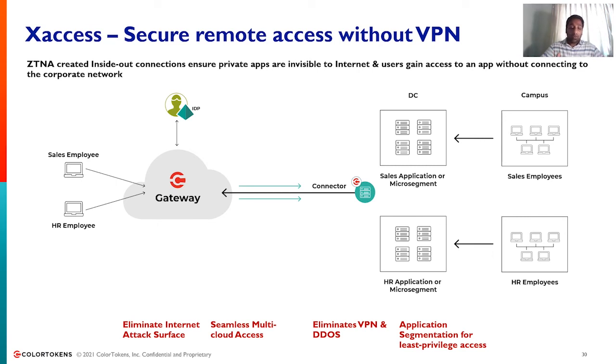So it will also eliminate the internet attack surface. Seamless multi-cloud access will also be provided through the X-Access portfolio, and it will eliminate VPN and DDoS attacks, and also provide application segmentation.